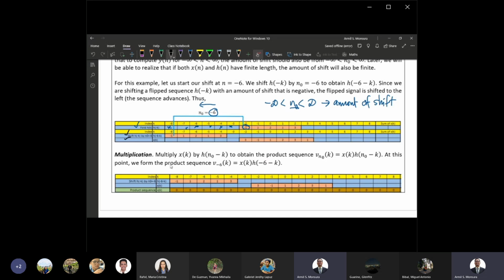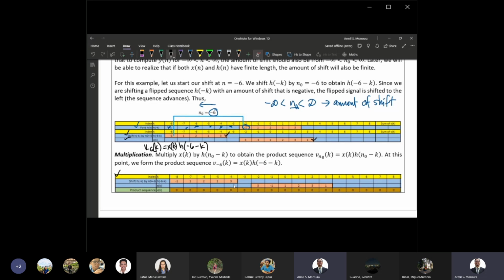We multiply h of -6 minus k with x of k to produce the product sequence, which we'll call v -6 of k, to indicate the shift. So the product sequence is v -6 of k. This is where we do the multiplication.